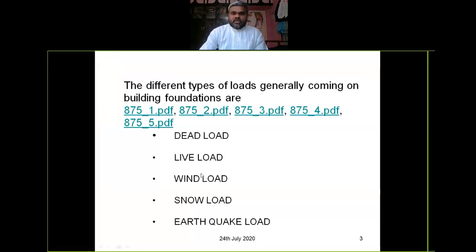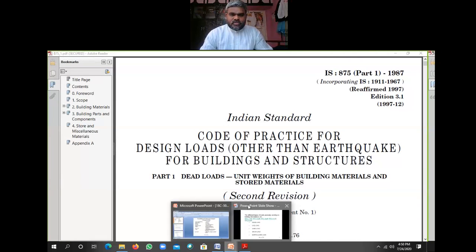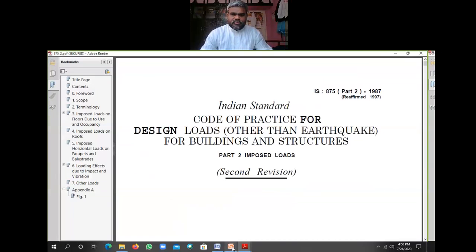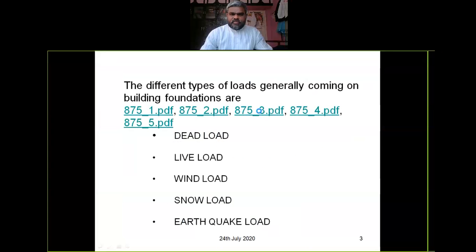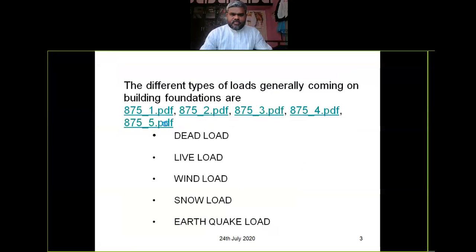So I would like to show the different codes given by the Bureau of Indian Standards for different loads, like 875 part 1, 875 part 2, 875 part 3, 875 part 4, and 875 part 5.